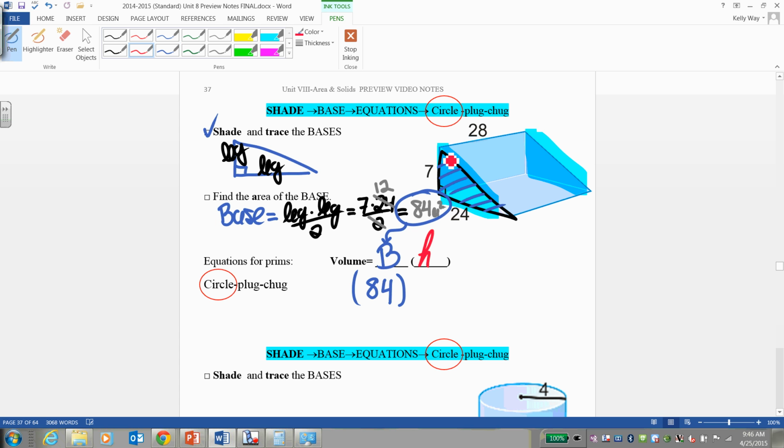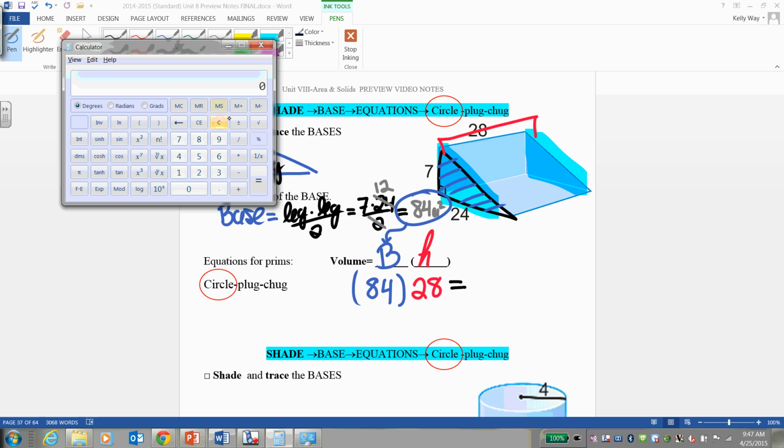Height is the distance between the bases. So our height here is not 7. The distance between the bases is 28. So it's area of the base times the height. It's 2,352.